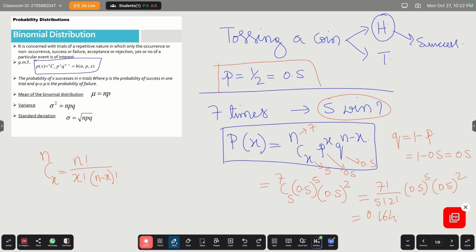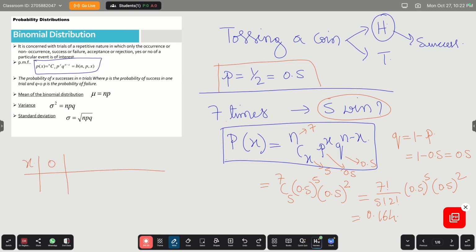And once you have the PMF, you can prepare the probability distribution table also for this, because whenever you play a game 7 times, it's not necessary that you will win 5 times always. There is a possibility that you will not win at all. So your success will be 0 times, or you may win only 1 time, or you may win 2 times, or 3 times. So all the possibilities are there.